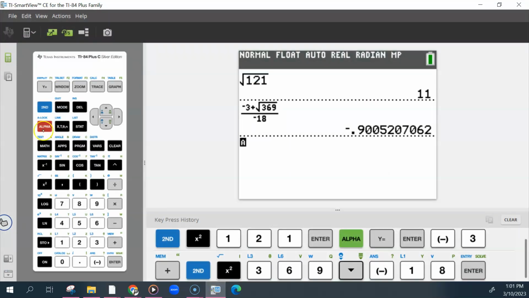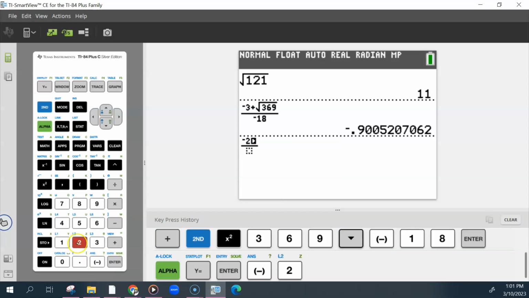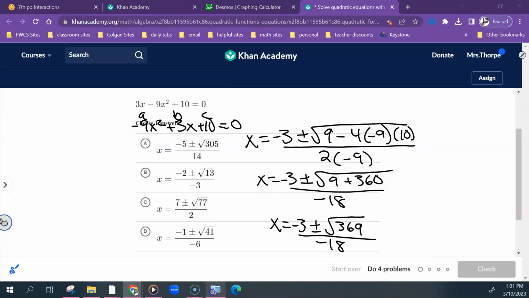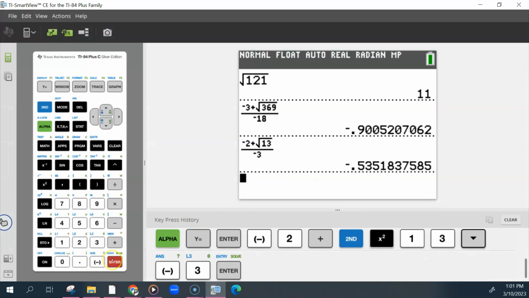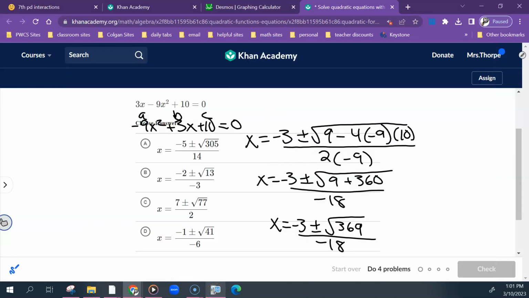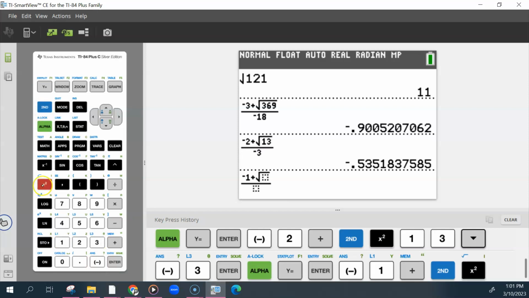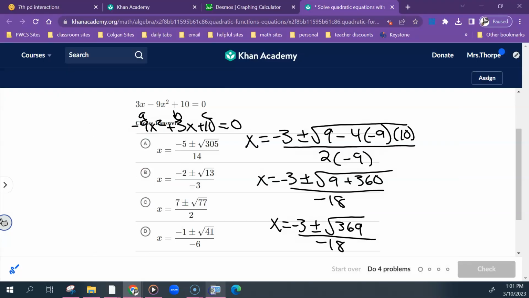So I would put in negative 2 plus the square root of 13 all over negative 3. Those don't match, so it's not that one. It depends on if it matches. Correct. Which one do you want to try next? How about D? Okay. So negative 1 plus the square root of 41 over negative 6.